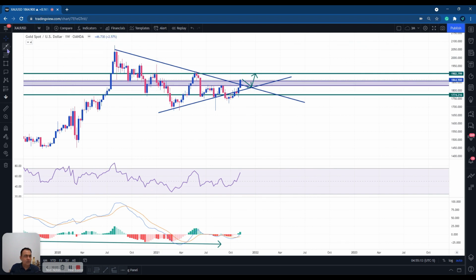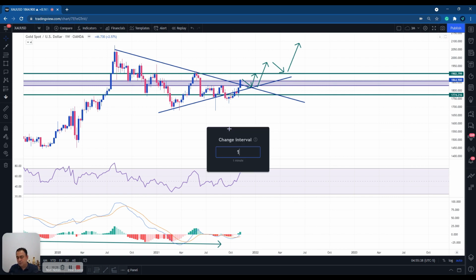And once you break above this with bullish momentum and make a retest of the 1900 area as support, then we can look for the higher levels. Got it?